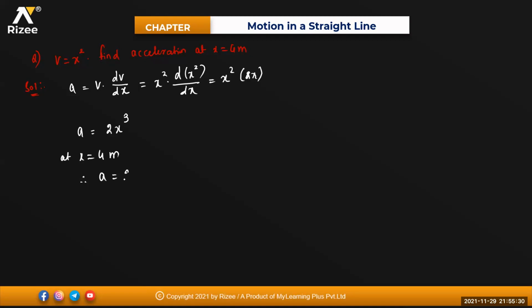Therefore, A is equal to 2 into 4 cube. 4 into 4 into 4, 4 4 is 16, 16 4 is 64. So 64 times 2 is 128 meter per second squared. Got it?